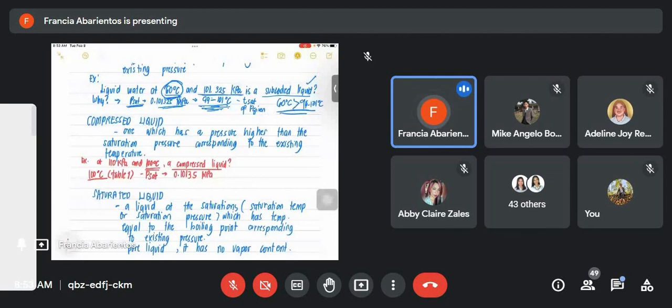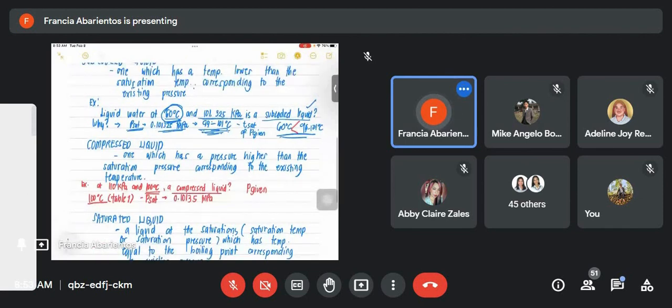So sabi dito, paano mo malalaman? So ang given sa atin, the pressure given is higher. Ay, mali pala to. Bakit hindi niyo ako sinaway? Ito, mali to. Sa taas, this is lower. Okay.